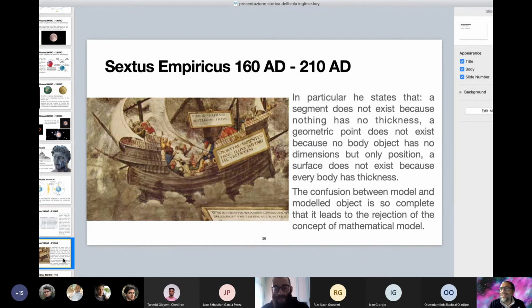So, in a sense, as it was too complicated for him to understand the definition of real numbers, he decided that real numbers do not exist because they are invented by the human mind.